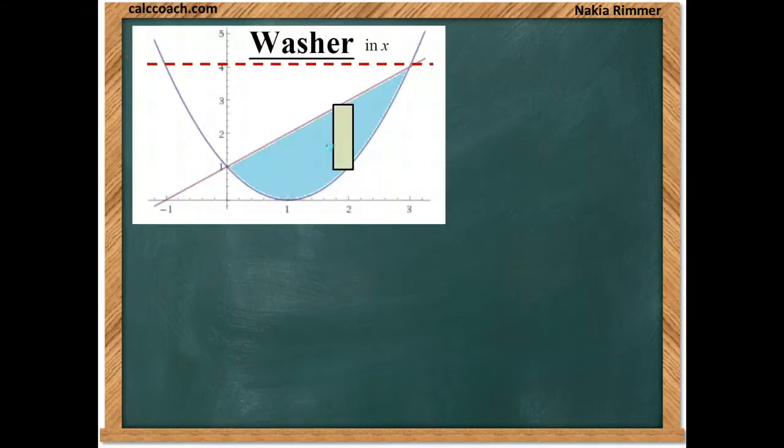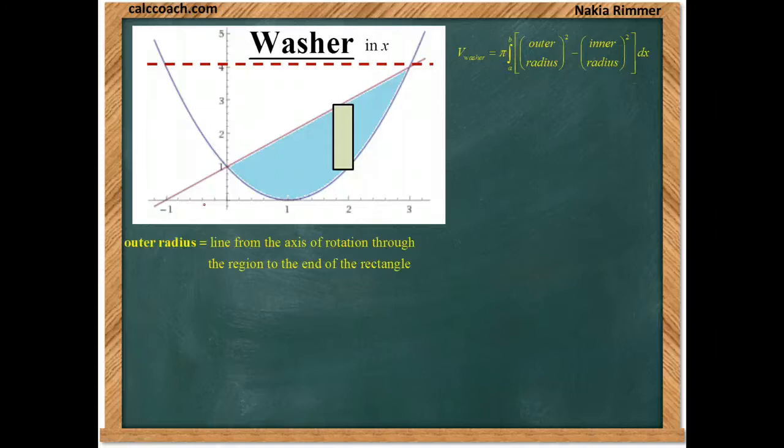We have the washer method, and it's in x. We have a rectangle that's perpendicular to the axis, and we know the formula is outer radius squared minus inner radius squared. Then we integrate. So what we need is the outer radius. The outer radius is a line that goes from the axis of rotation through the region to the end of the rectangle. In this one, we have an orange line to represent that. That is one distance subtracted from another distance. We have this distance of 4, which is the distance down to the x-axis.